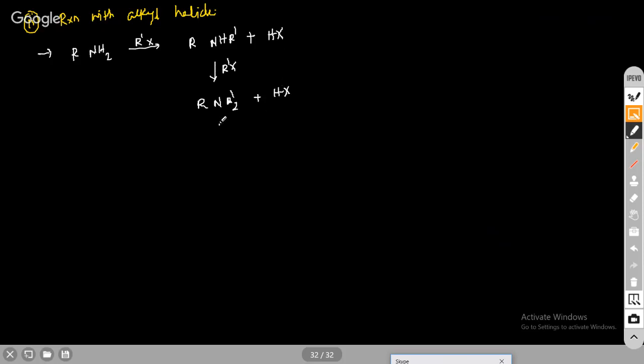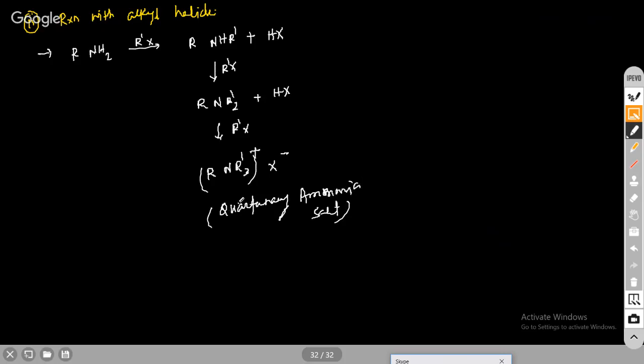Again, when this reacts with R dash X, we'll get the quaternary ammonium salt, RNR dash 3 plus X minus. This is the quaternary ammonium salt.